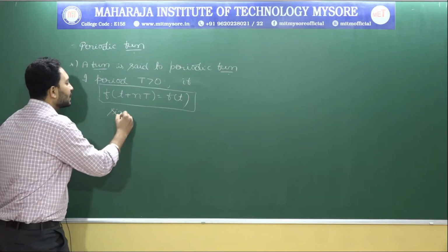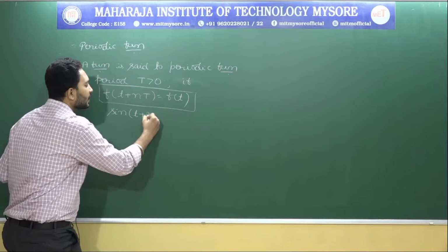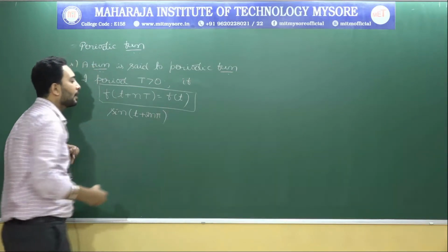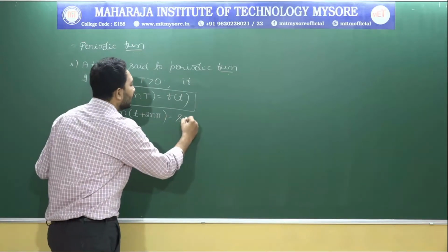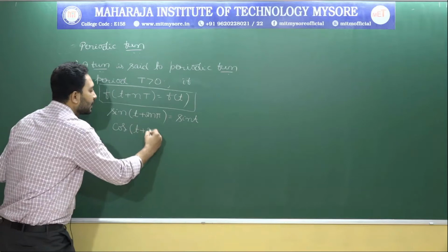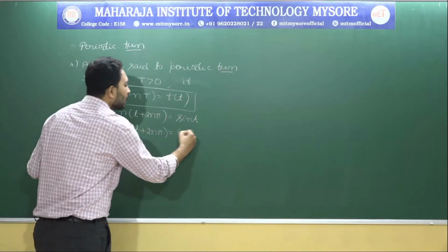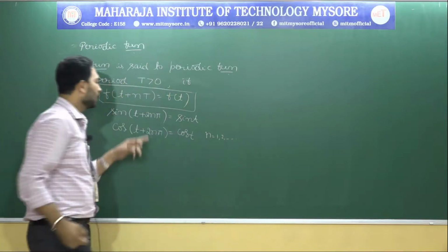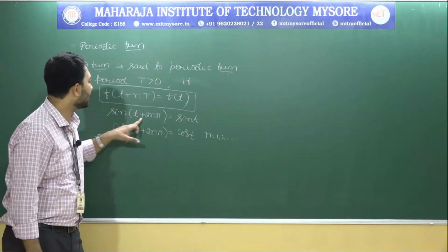For example, sin of t plus 2n pi equals sin t, cos of t plus 2n pi equals cos t for n equals 1, 2, 3, etc. If I put n equals 1, we will get sin of t plus 2 pi.